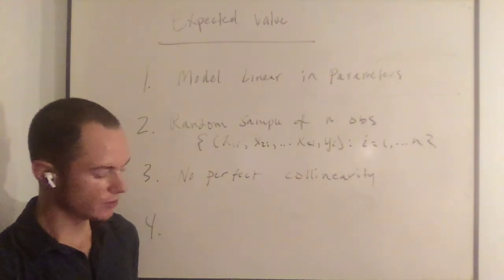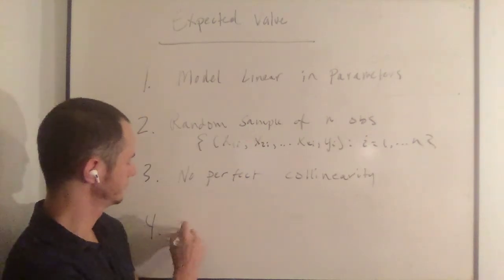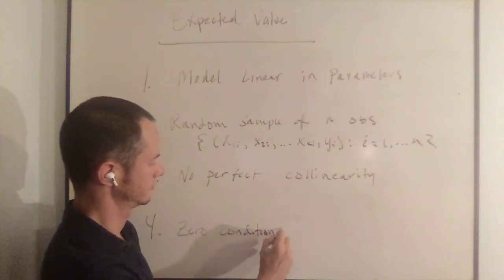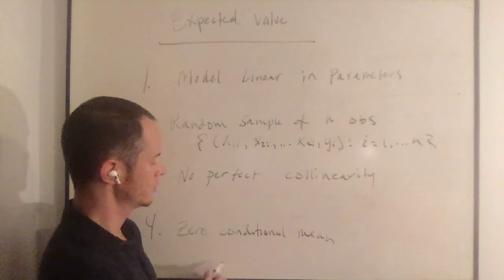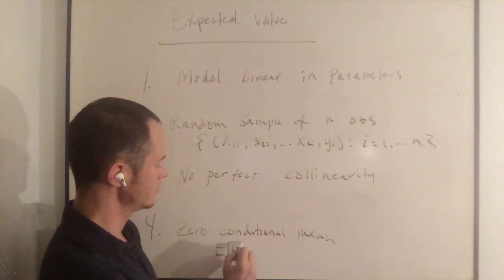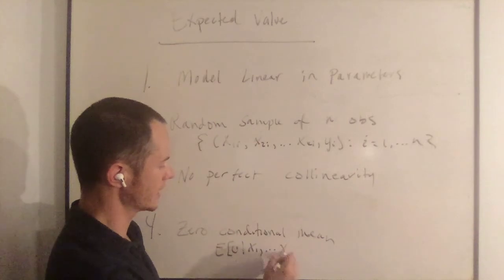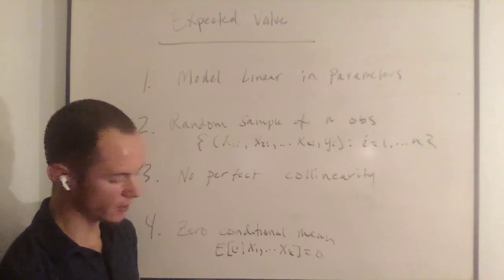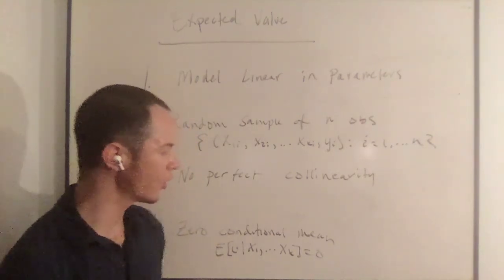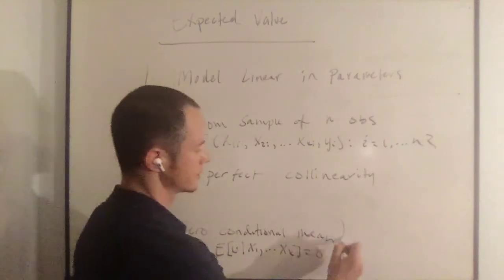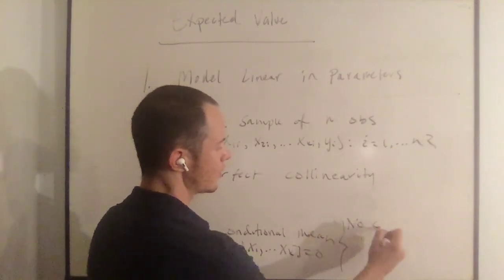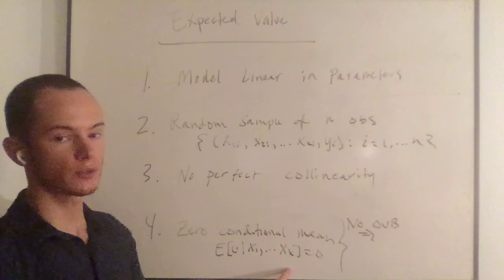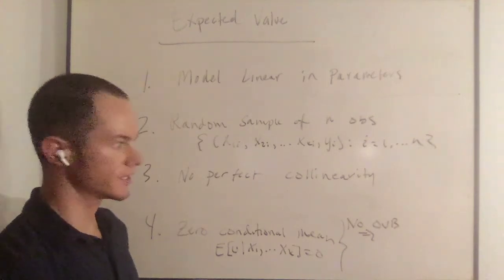whatever other independent variable of interest has been included in the equation. And finally, we need the zero conditional mean of u, so that the expected value of u given x1 through xk is equal to 0. And this fails in the case of omitted variable bias. If we have no omitted variable bias, then our independent variables x1 through xk are plausibly exogenous.